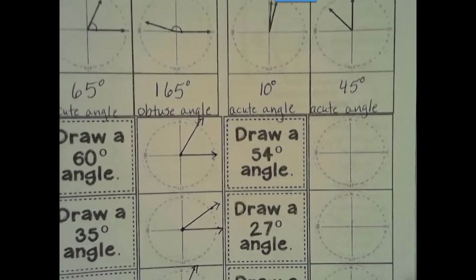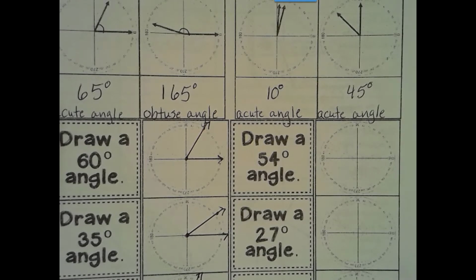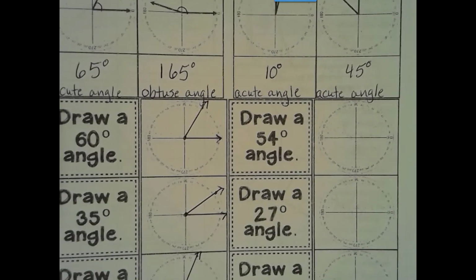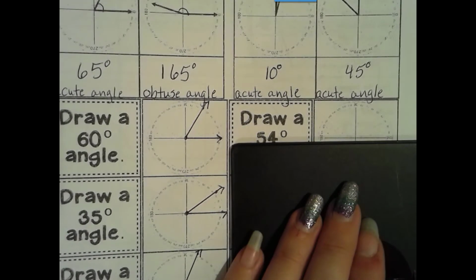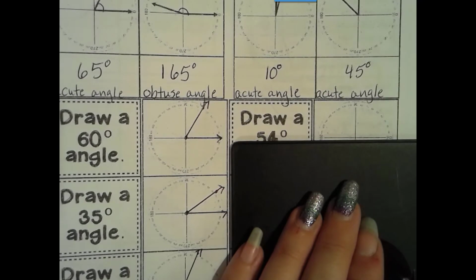Now this says 54 degrees. Well, we won't get down precisely, but we're going to get pretty close. As you get into higher grades, you'll need to be more precise with that. So let's get to our 0 first.